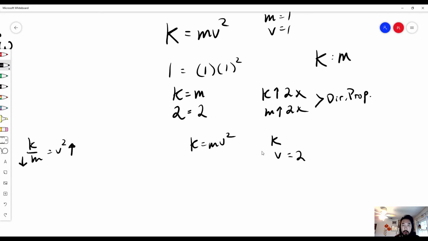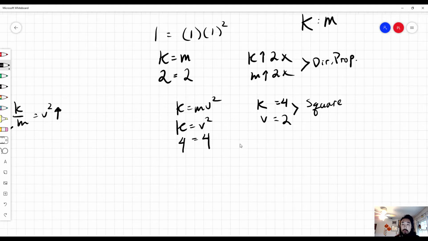Let's ignore the mass. So if velocity is now 2, 2 squared is 4. Kinetic energy has to be 4. This is not a 1-to-1 ratio, but 2 squared gives us 4, so that gives us our square relationship.